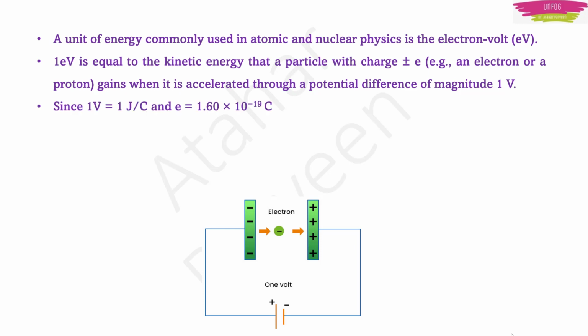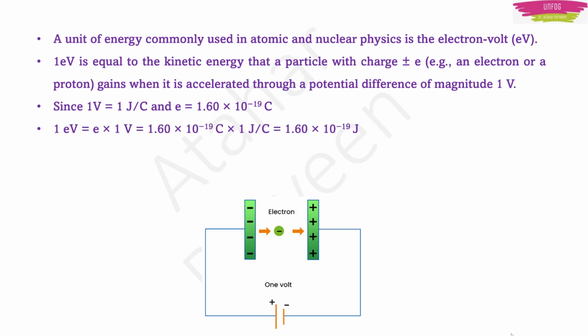Now we already know from the electronics chapter, I think, yes, in the electronics chapter we discussed volts and potential difference, and the definition of 1 volt. This is equal to 1 joule per coulomb, right? And we know the charge of the electron is 1.6 into 10 raised to minus 19 coulomb.